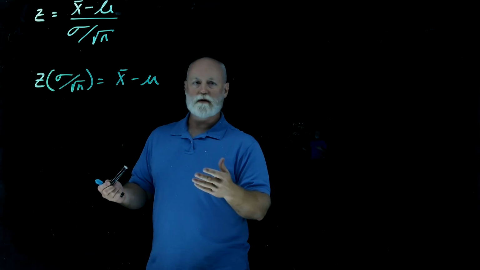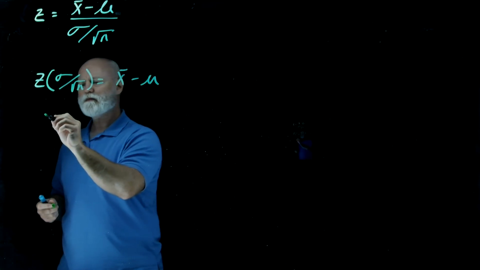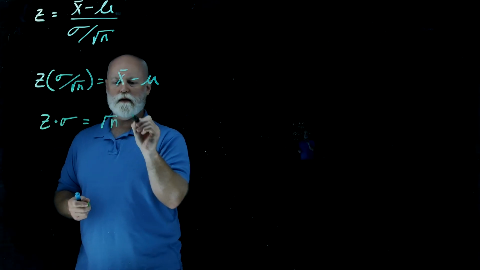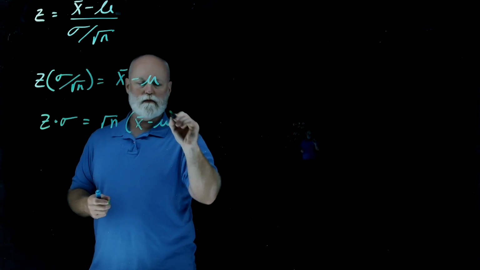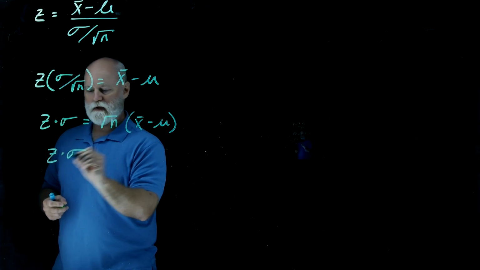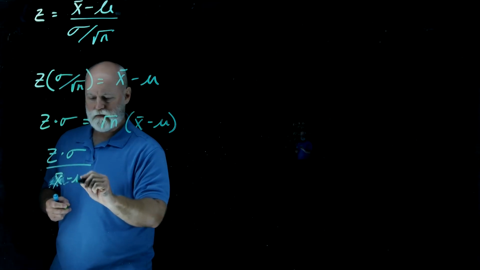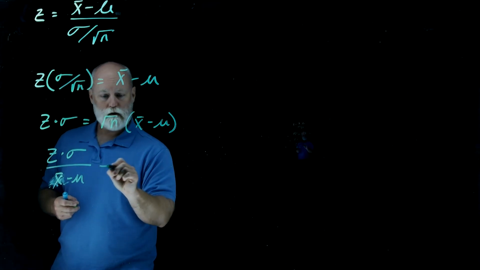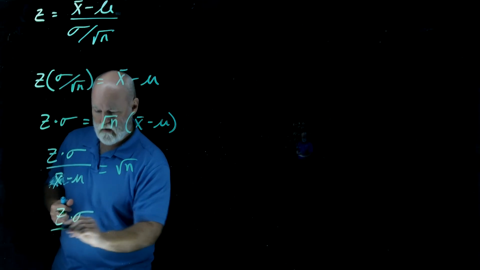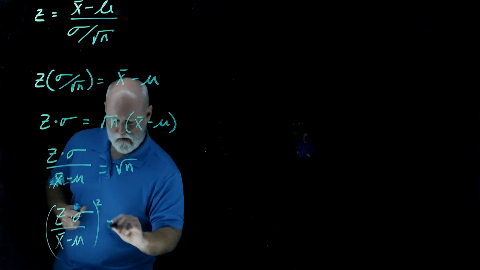I'm just going to multiply both sides by the denominator. Now I have another fraction here. So I have z times sigma, and that's equal to the square root of n times x bar minus mu. And then I end up with z times sigma over x bar minus mu equals the square root of n, which means that I have z times sigma over x bar minus mu, squared, equals n.